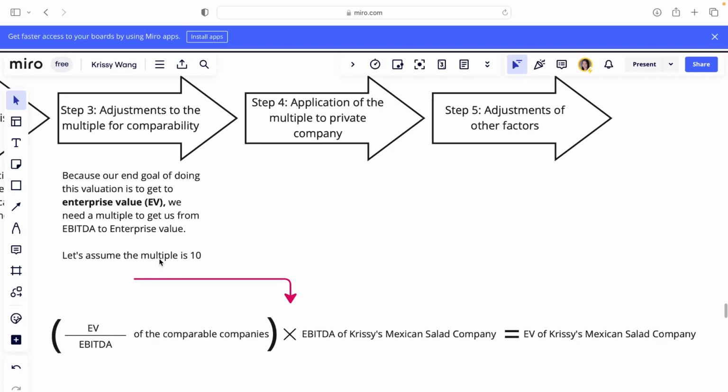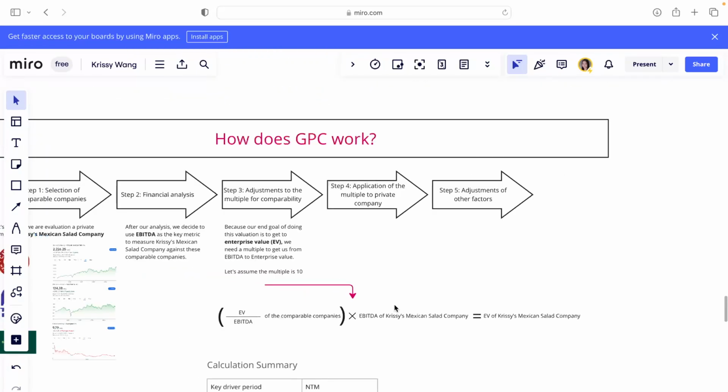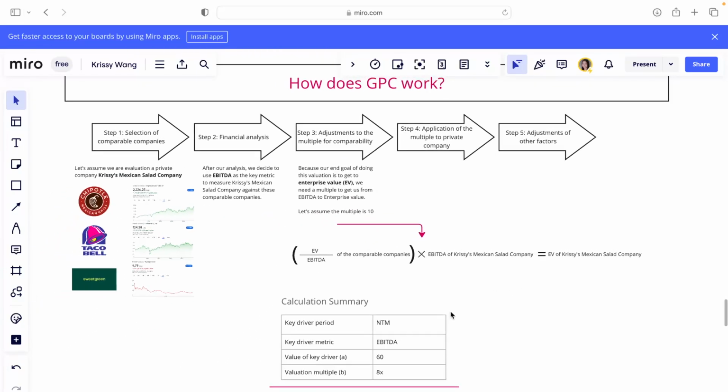So let's say the multiple is 10 before adjustment, and now considering that we have some differences between Chrissy's company and the public comparable companies, let's say we'll adjust the multiple down to 8. And then once you apply 8 to the calculation, you can still make more adjustments to the calculated enterprise value.